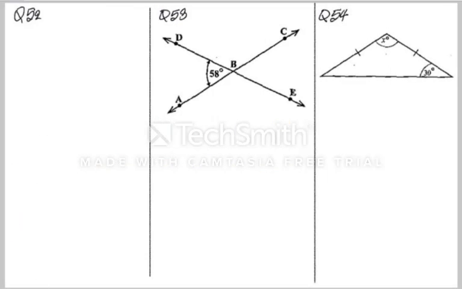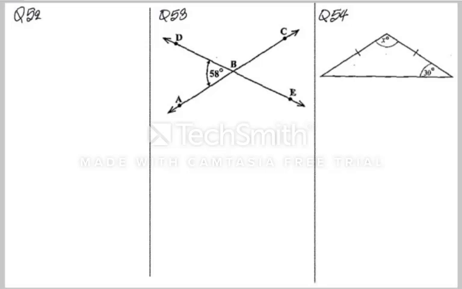Question 52. It says if each exterior angle of a regular polygon is 60, then the regular polygon is. All right, so a regular polygon is a polygon in which all the exterior angles are equal, all the interior angles are equal, and all sides are of the same length.